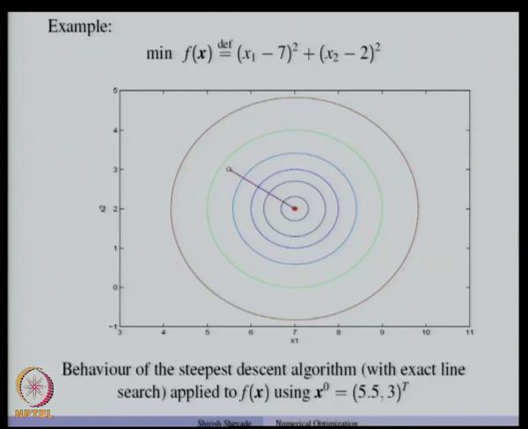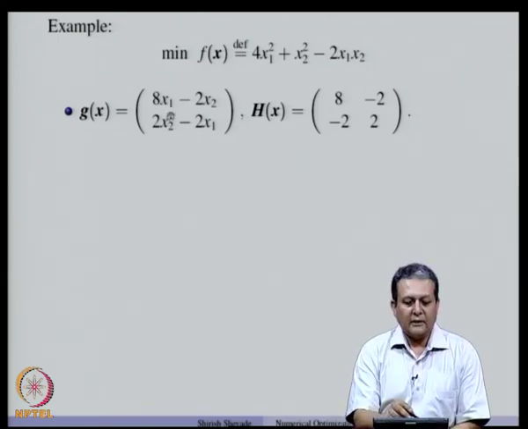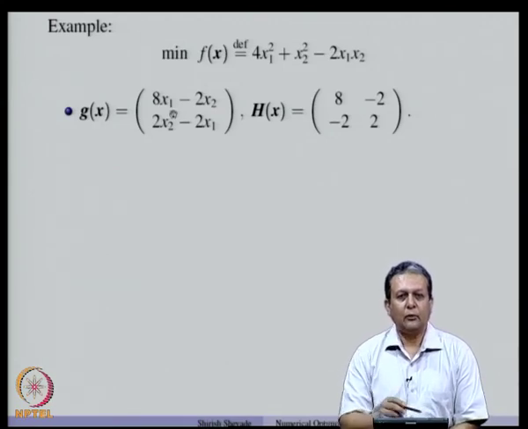Now, let us see when the contours of an objective function which is quadratic are not circular, but elliptical. So, let us look at another example. We have a function 4x1 square plus x2 square minus 2x1 x2. The gradient is 8x1 minus 2x2 and 2x2 minus 2x1.